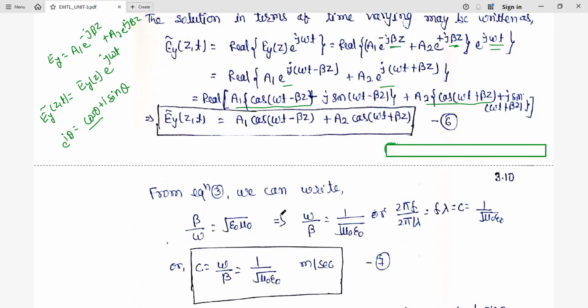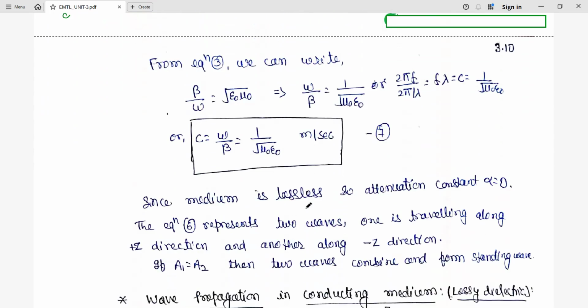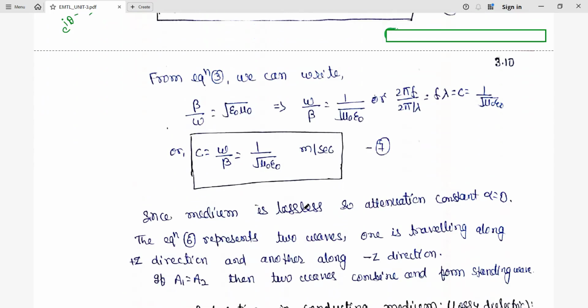And earlier we had this equation for the beta. From there, we have beta equal to omega root under mu naught epsilon naught. So now we can rearrange: beta by omega equal to root under mu naught epsilon naught.